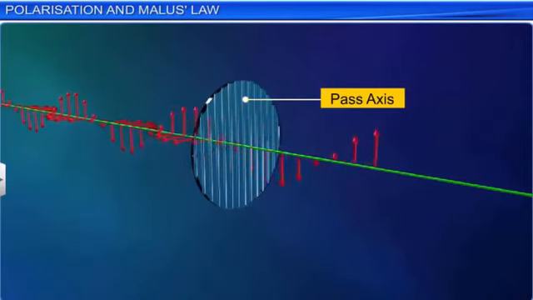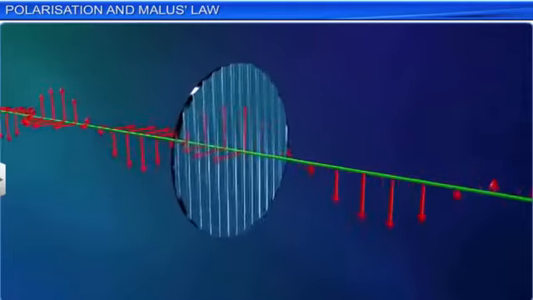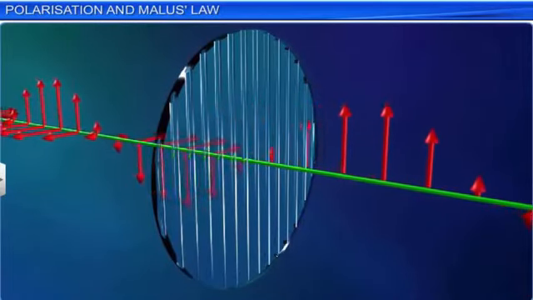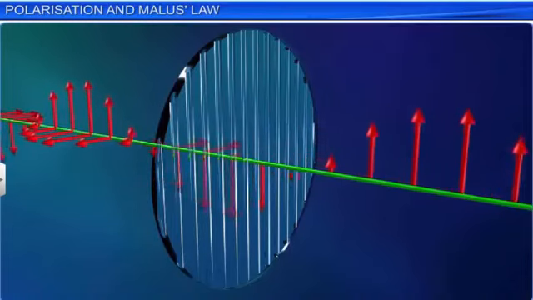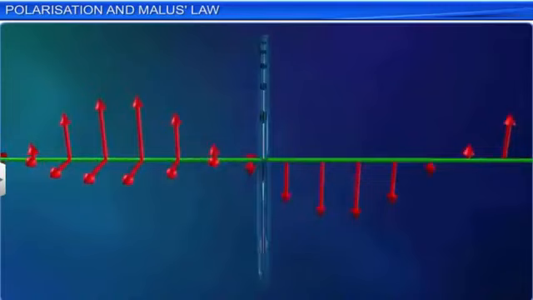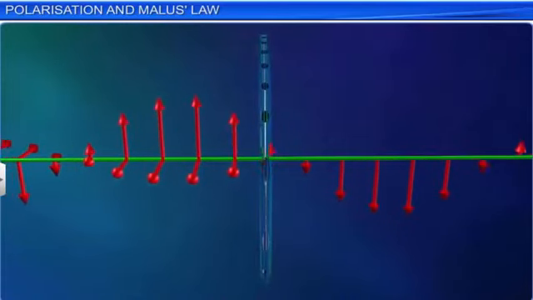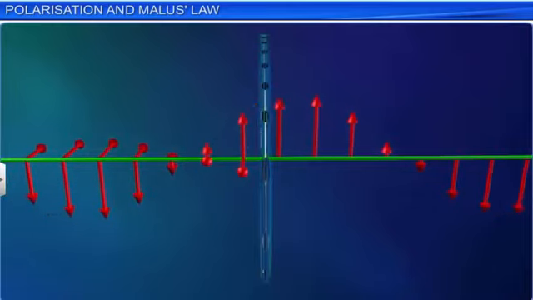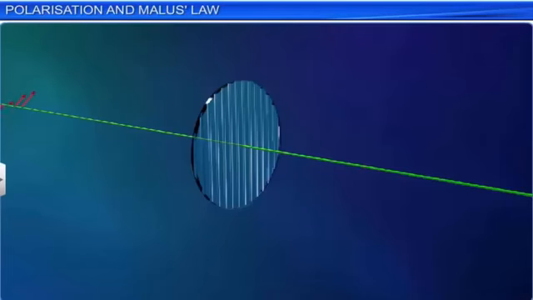That means the pass axis of a Polaroid is the polarizing direction. If an unpolarized light wave is incident on a Polaroid, the Polaroid sheet transmits only that light which has its electric field vector vibrating parallel to the pass axis and absorbs the light with E vector vibrating at right angles to the pass axis. Now, consider a Polaroid sheet placed in the path of a plane polarized light.